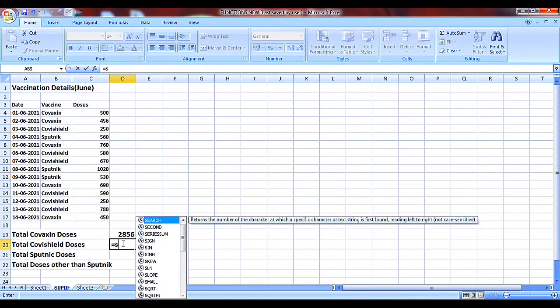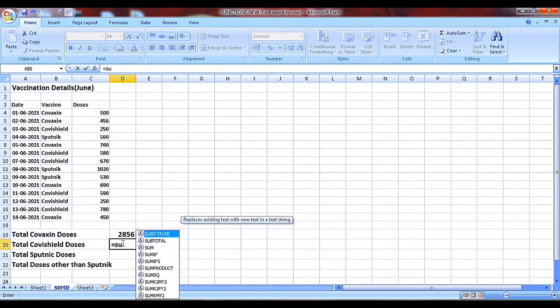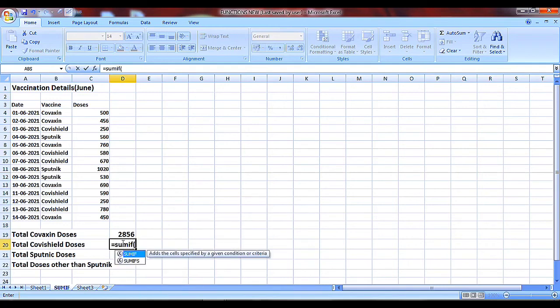In the same way we can find total Covishield doses. For that, again range is the range to be evaluated by criteria. We are checking the condition on this column, therefore range is this column. Here criteria is, within double quotes, Covishield.